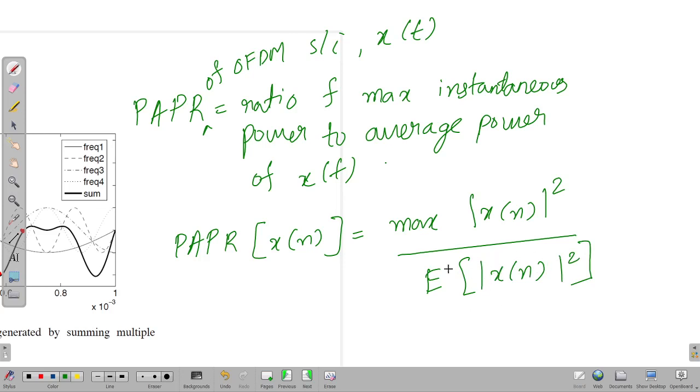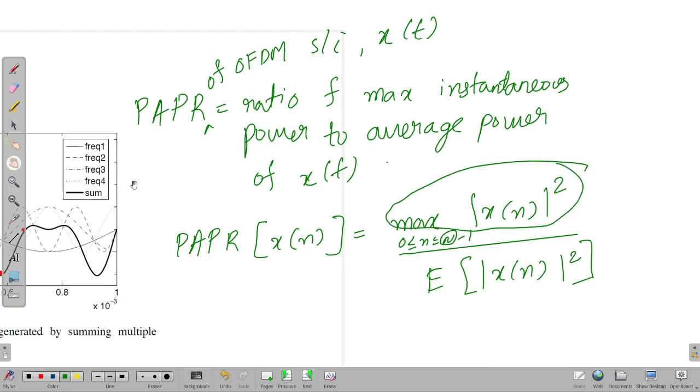The average of power is the expectation of magnitude x of n square. And this n can vary from 0 to N minus 1, which means I'm taking all the N samples, capital N samples, and finding the sample which has the maximum power. That is going to be this value.